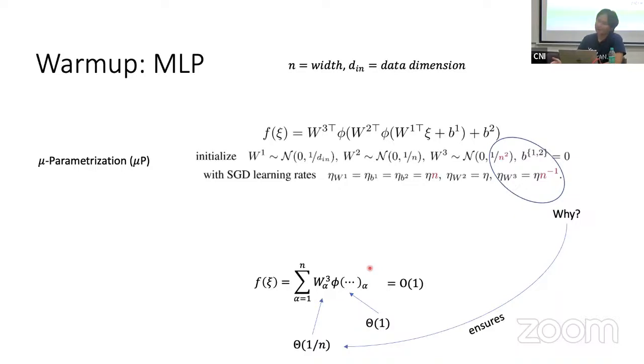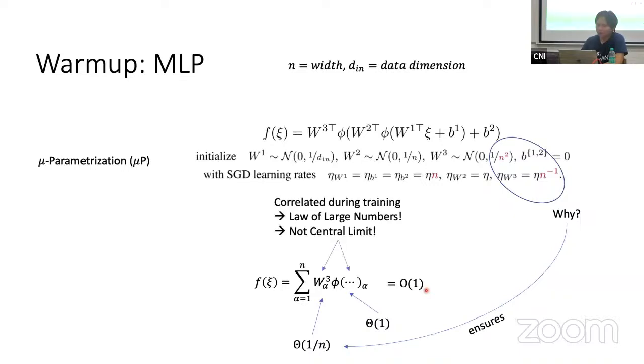And this is indeed the case in initialization. At initialization, these terms are roughly independent across n. So this will indeed cancel, and this is really one over square root of n. But the final piece of insight here is that when you train the network, the different layers will get to know each other, and they will correlate, so that you actually cannot get too much cancellation in the sum.